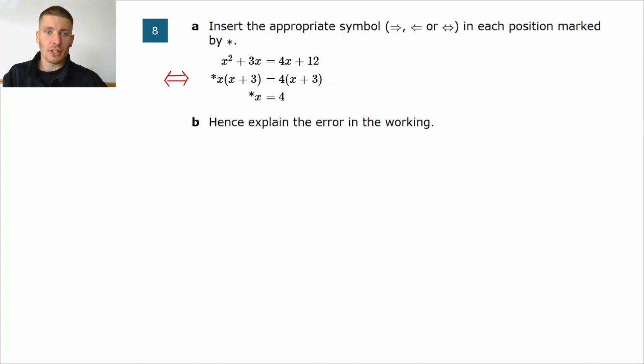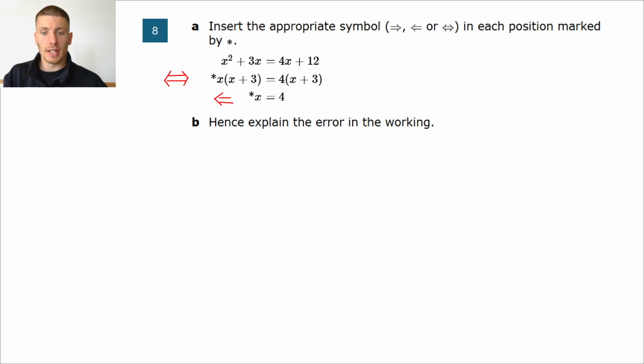So actually, the logic doesn't flow both ways. We lose out on a solution, minus 3. So we've got to put it in here that the logic goes from this way to this way, because we're forgetting about a solution, x being minus 3. Because when x is minus 3, this will be equal to 0, which means this is also equal to 0.